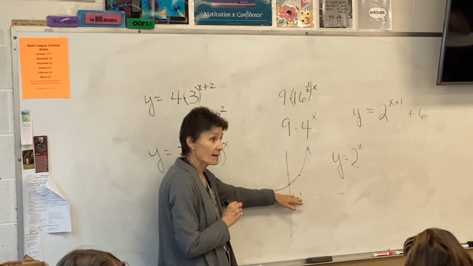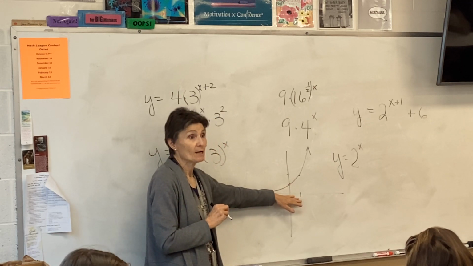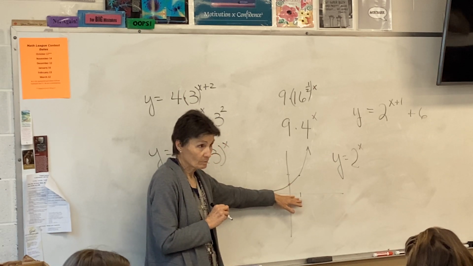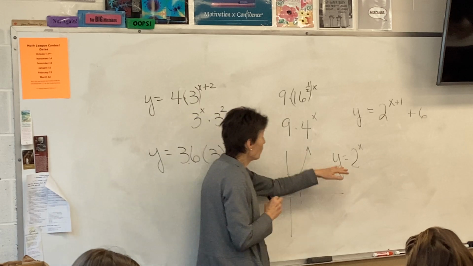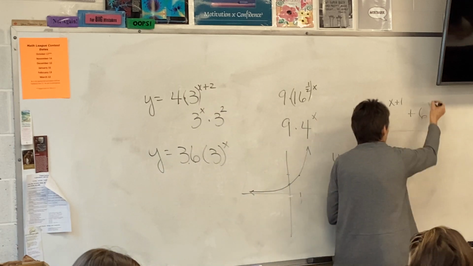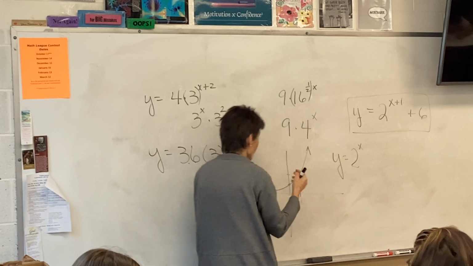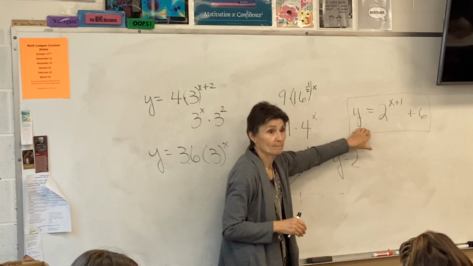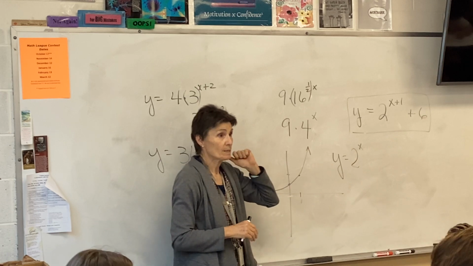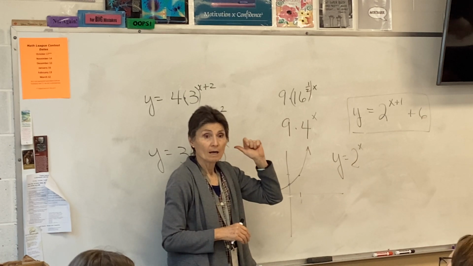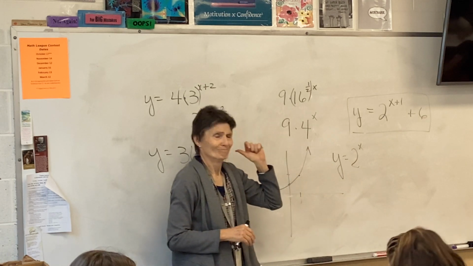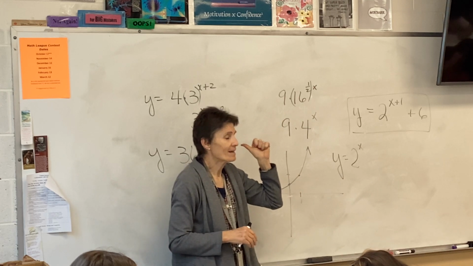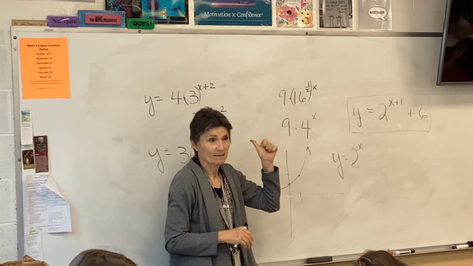It has a horizontal asymptote at y equals 0. Now, what has happened in the problem? We've taken this picture and what have we done to it? Left 3 and, wait, left 3? Or left 1. Left 1 and up 6.